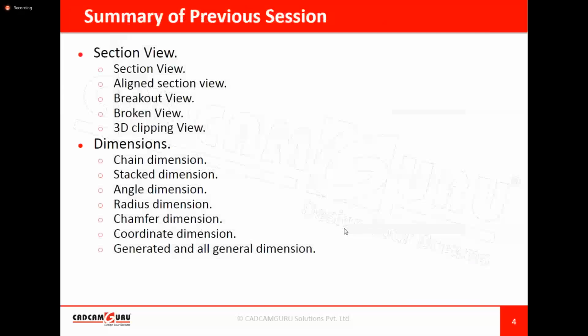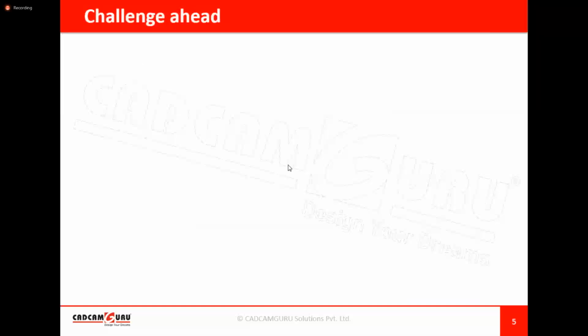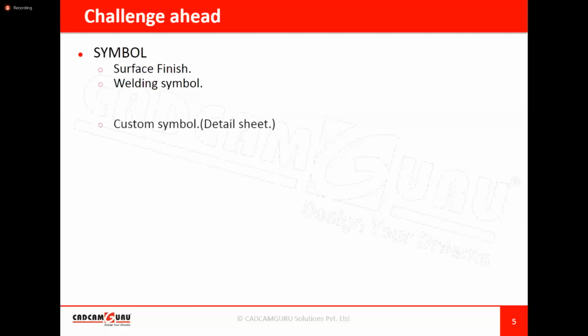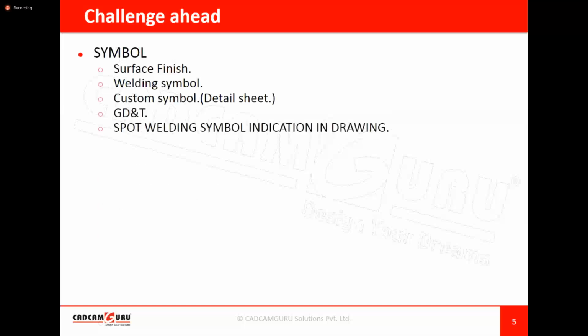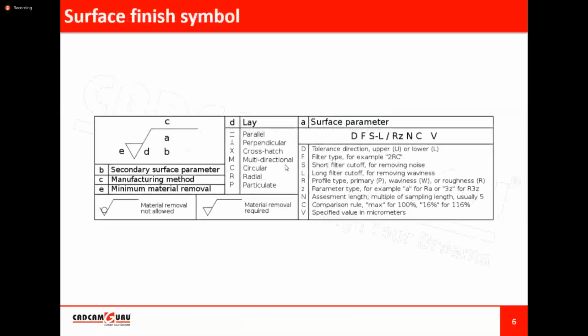I think last class we talked about the sectional view and dimensions. Now today's objective is regarding symbols: surface finish, welding symbol, custom symbol, GD&T, spot welding symbols.